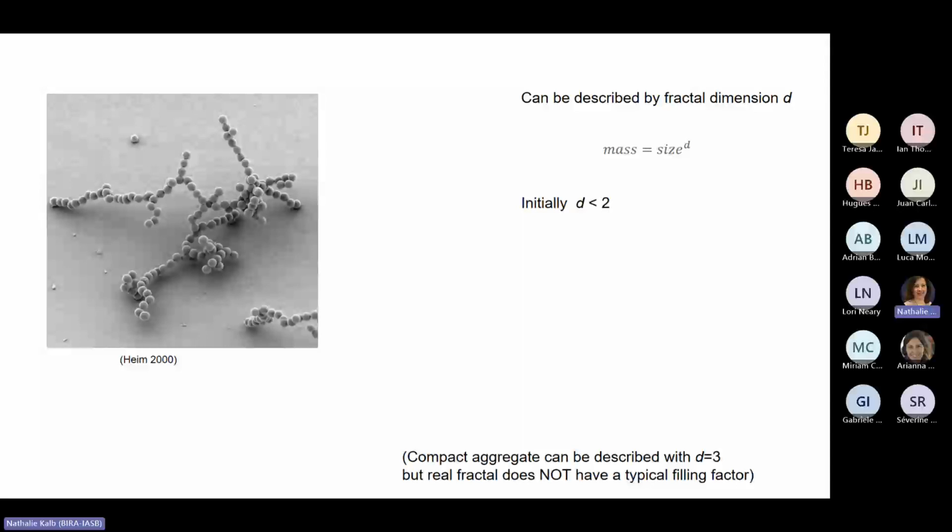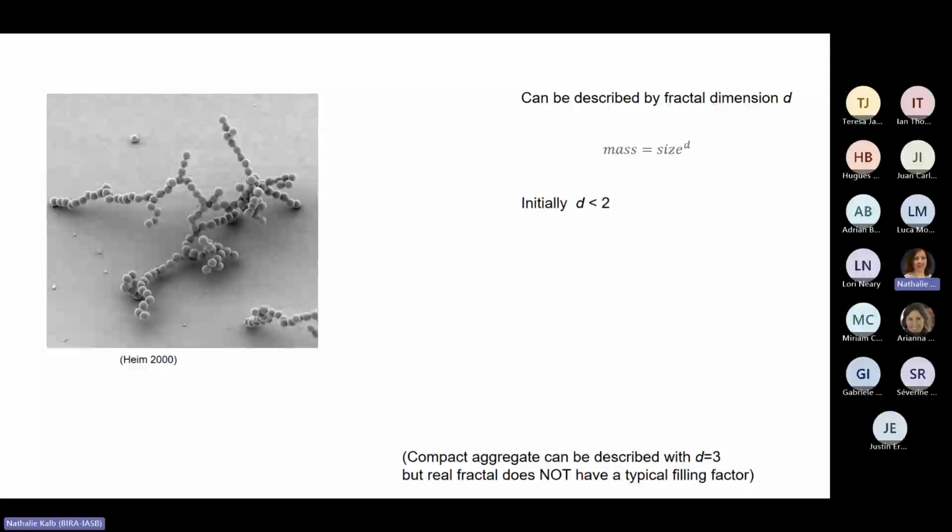If it's Brownian motion driven, it can initially be 1.5 or something like that. The point here is you cannot pin a porosity or filling factor to these things, at least not independent of size, because as these things grow, they get more and more open space. So if you would put a filling factor to this, it would decrease with size.